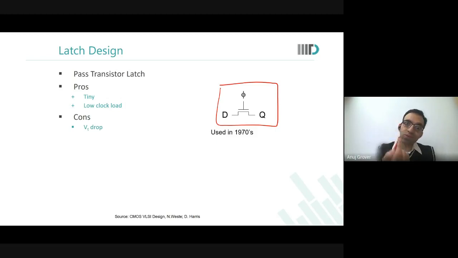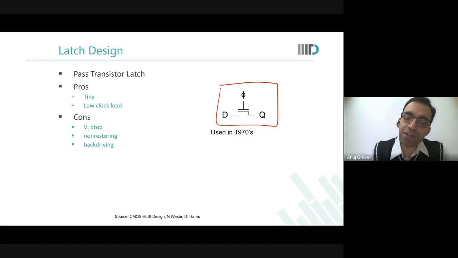Clock only sees the load of one transistor. Again, very, very cheap in terms of power. But there is a VT drop when you want to transfer one from D to Q. Am I right? So it does not really suit us in today's scenarios. Okay.